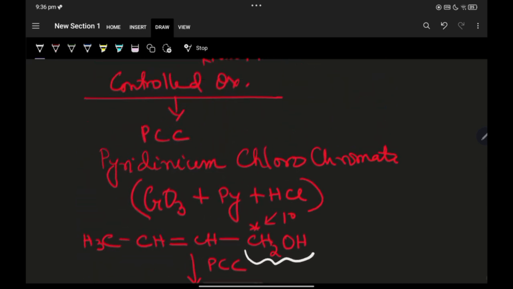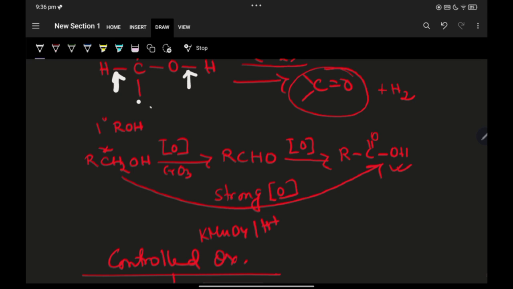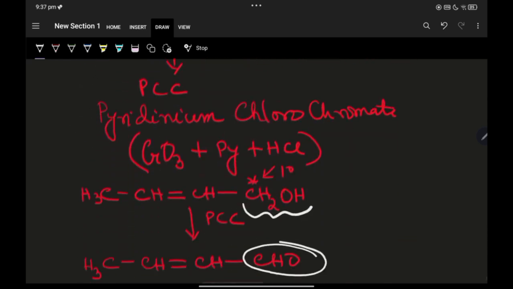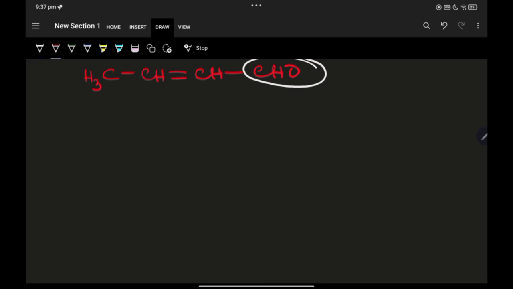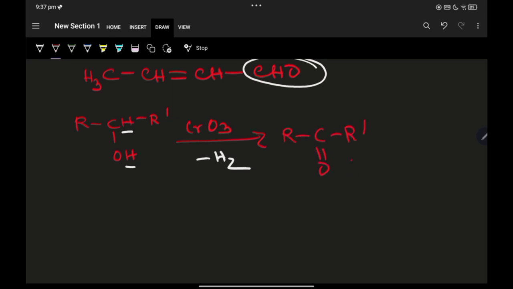Now, 1 degree alcohol gives you aldehyde and acid. But if I take 2 degree alcohol, secondary alcohol, say R CH OH R dash, and I give CrO3, which is an oxidizing agent, it will remove H and H, minus H2, but it will give not aldehyde, but ketone.